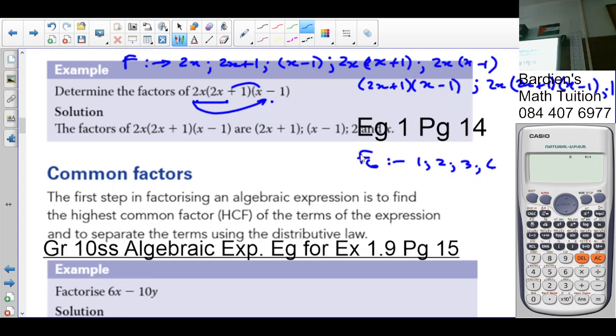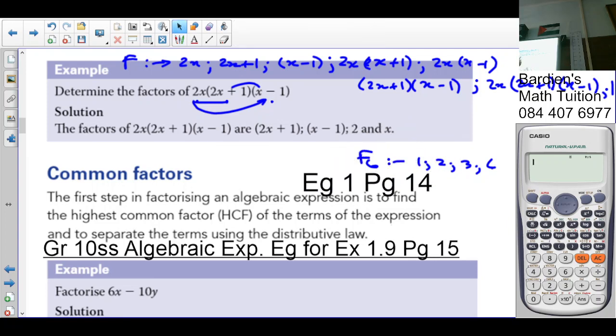Can you see that? Let's see what they have written here. They have even, okay, they left out the 1, but there's actually more factors than what I got here.